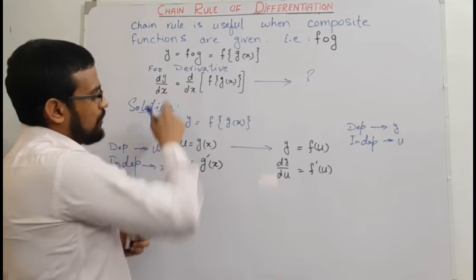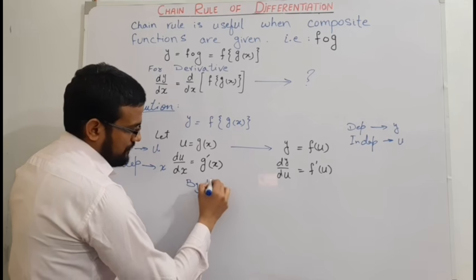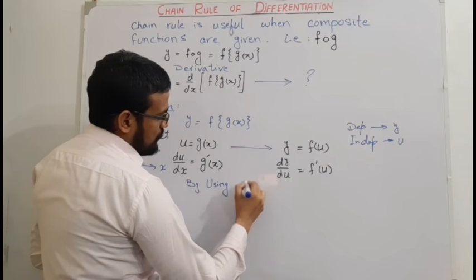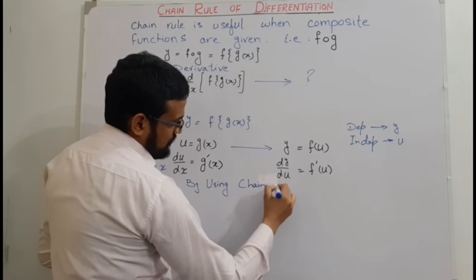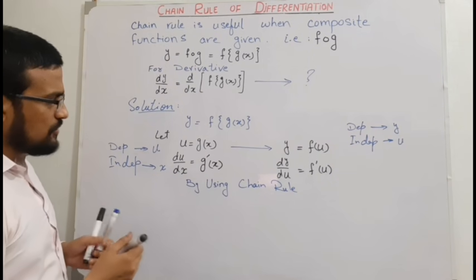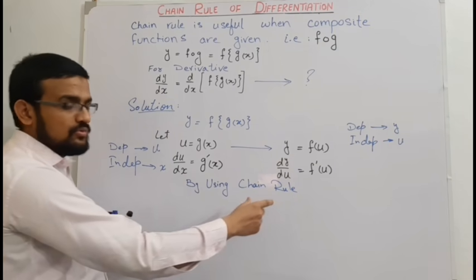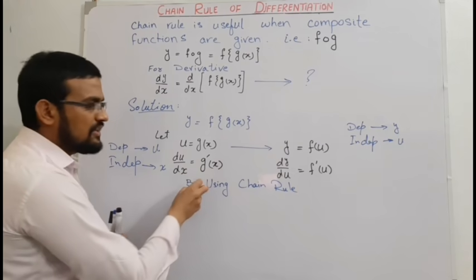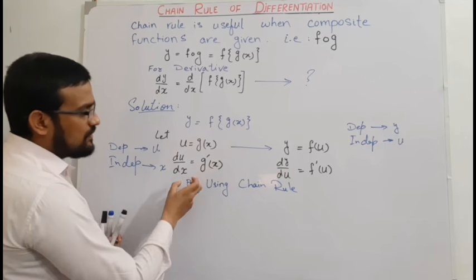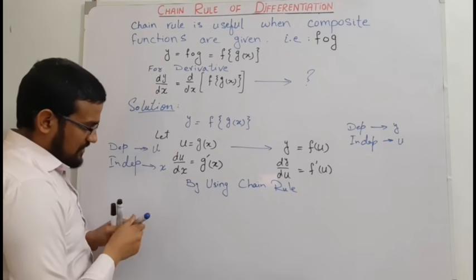So for our requirement we use the chain rule. What is chain rule? Chain rule means dy over du and du over dx, these both derivatives multiply. Because this is a composite, their derivatives multiply and then form our requirement, dy over dx.